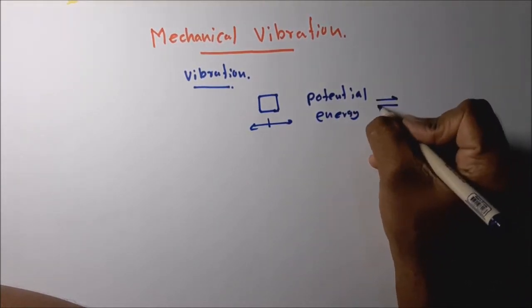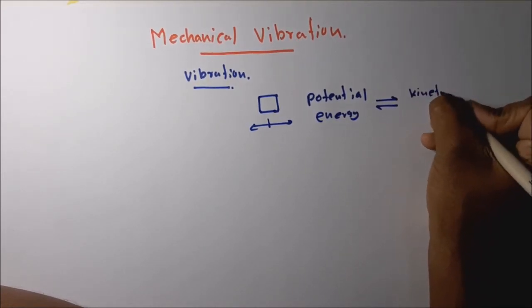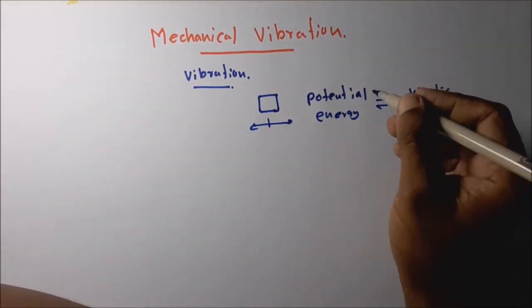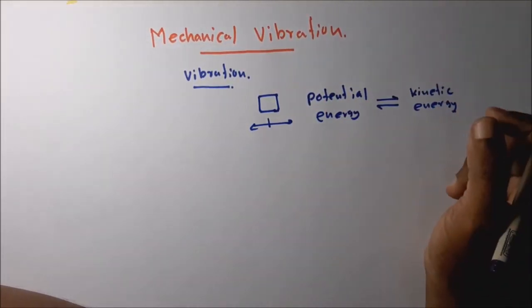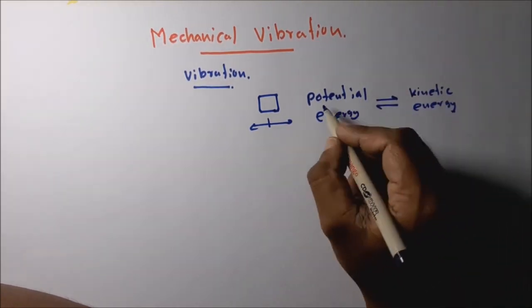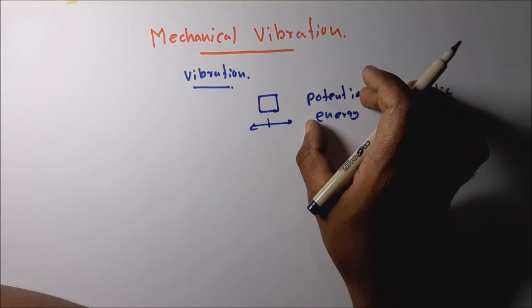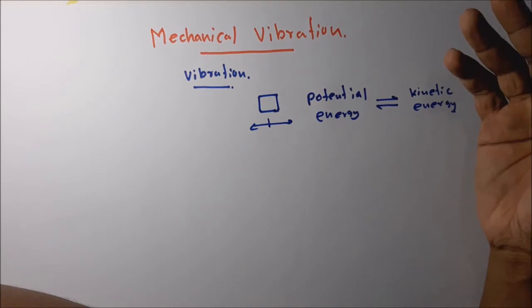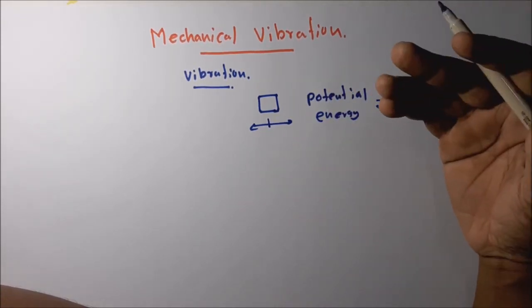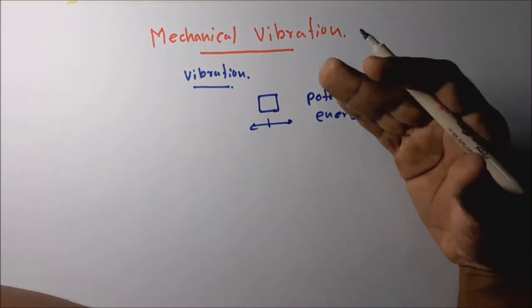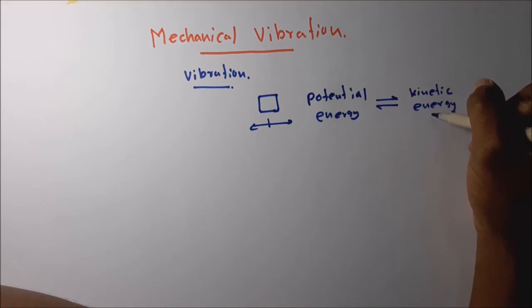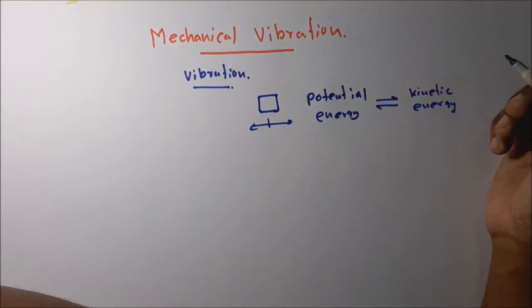To store the potential energy there should be a stiffness, or a gravitational effect, that means a height difference. Then there should be a method to store the kinetic energy: there should be a mass.